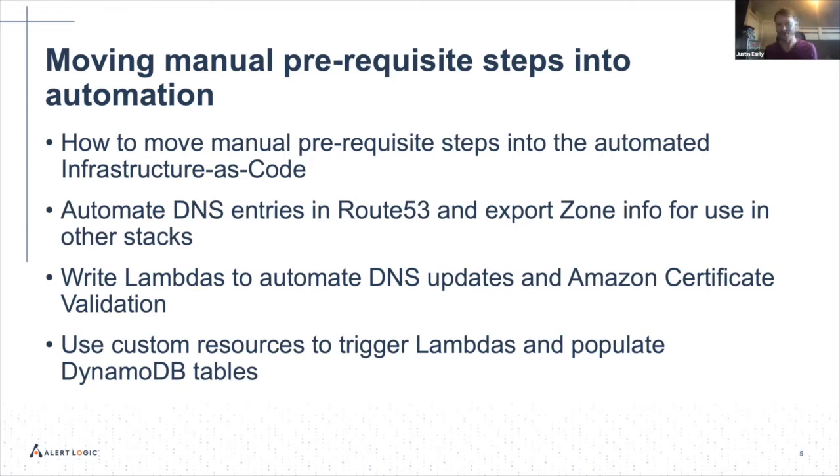So I wrote code in Lambda in order to update our DNS entries as we deploy stacks. So we can deploy multiple stacks now, and it automatically goes out, updates our name servers for Route 53 in our public DNS, and everything just magically works.